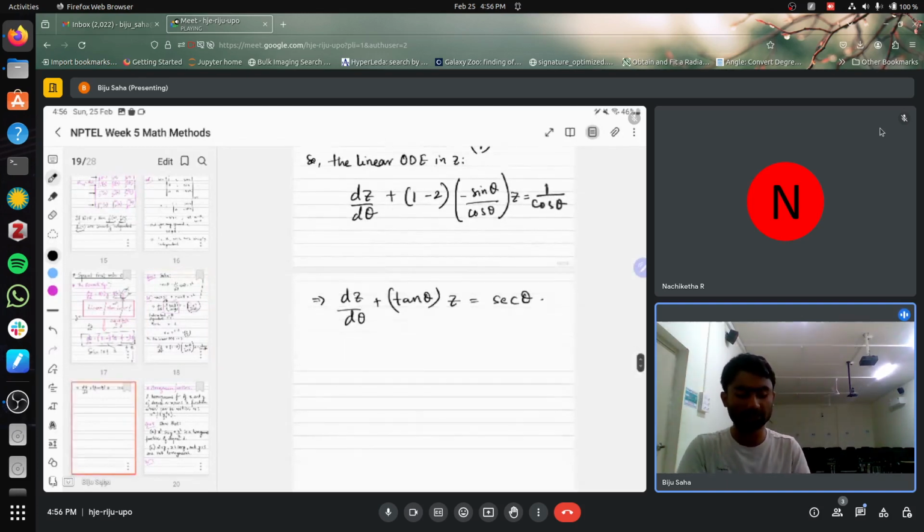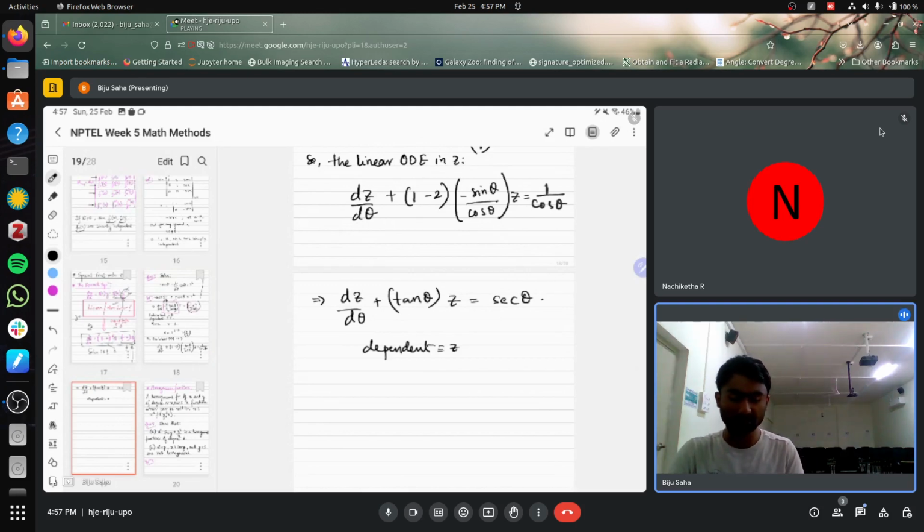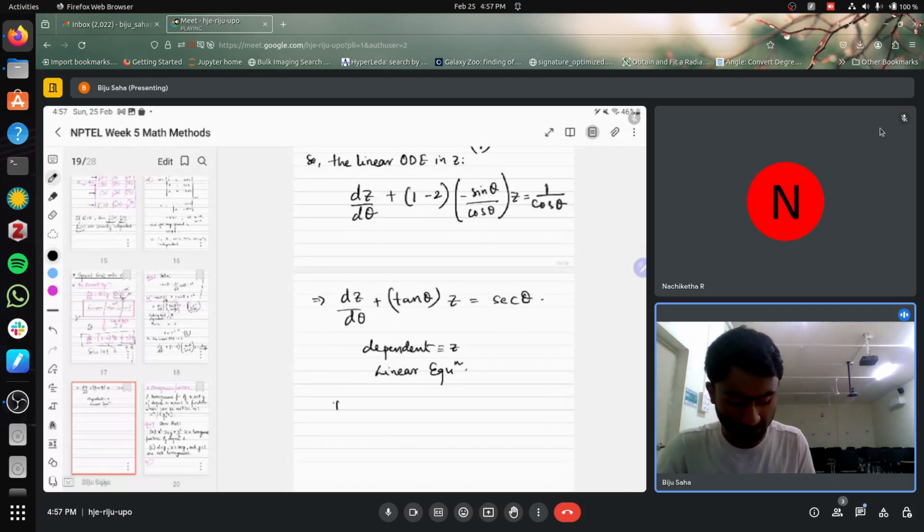So here the dependent variable is z and the independent is theta itself. So now this is a linear equation. Now easily you can solve this by the method of finding the integrating factor, which is exponential of integration of tan theta.